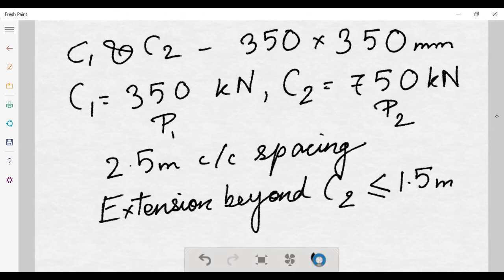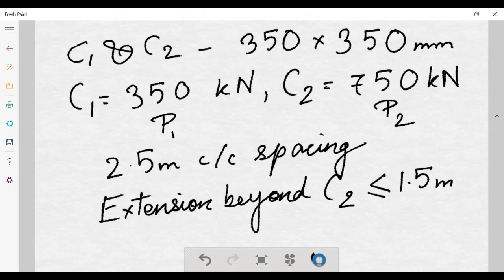In those types of cases where you cannot extend the edges, or the extensions are limited, we use the trapezoidal footing.